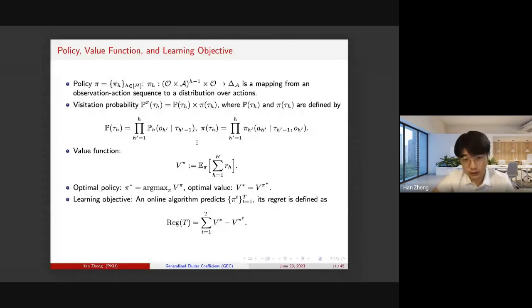For online learning, we use the notion of regret to evaluate the algorithm. Suppose an online algorithm predicts a sequence of policies pi_1 to pi_T. Then its regret is defined as the cumulative difference between the optimal value V star and the value function of pi_t.